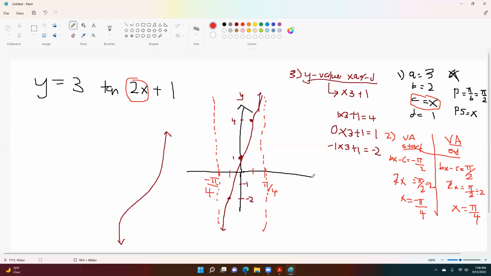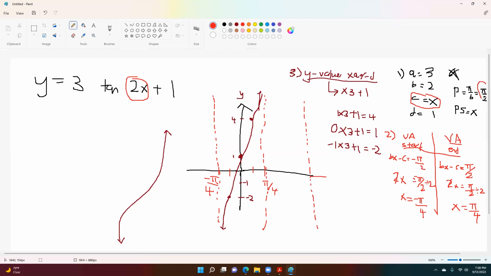You can create another one because we need 2 cycles. So how do you figure out where this cycle is? We look at your period. So your period is pi over 2. So you add pi over 2 in this case. That will give us 3 pi over 4, because pi over 4 plus pi over 2, a quarter plus a half, is 3 quarters. And your graph will look exactly the same.